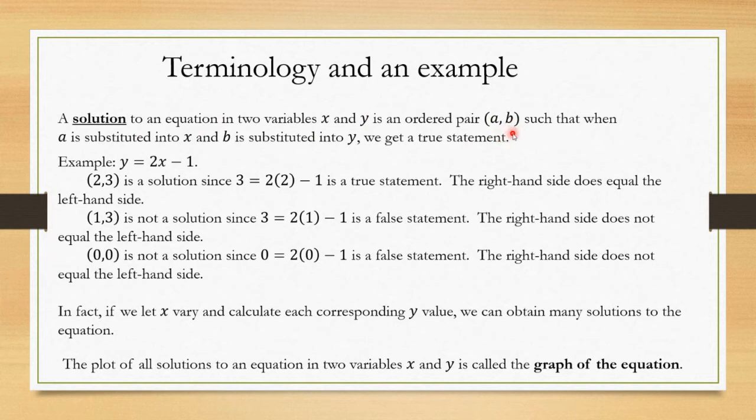You're plugging in ordered pairs of numbers. The first one is the x coordinate, that goes in for x. The second number is the y coordinate, that goes in for y. And when you do that, it's a solution if you get a true statement. Equations, remember, can be true or false.